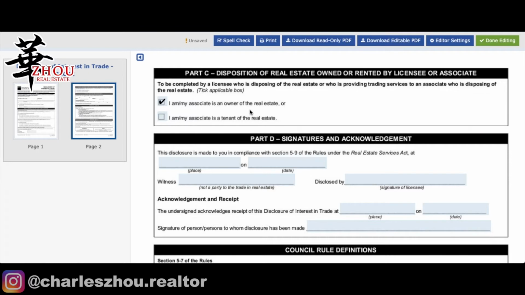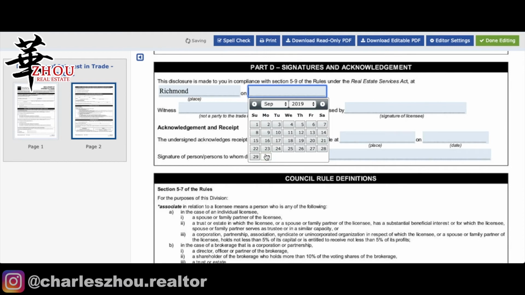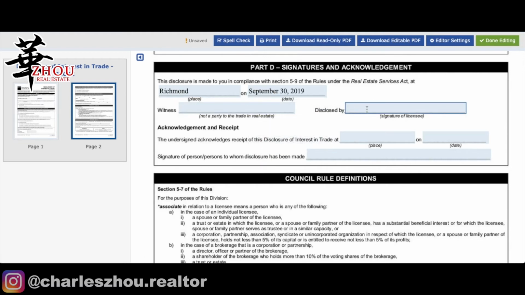So normally we check the first one if you own the property. Part D is place. Let's say Richmond. And we choose the date. And then we sign here. Signature of licensee. That's where we sign.